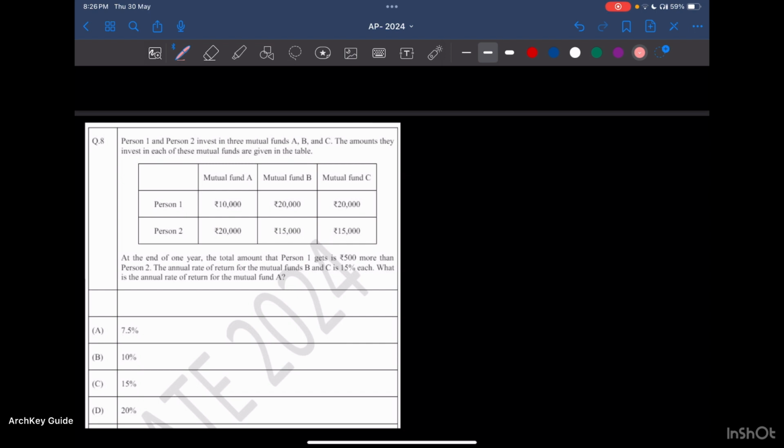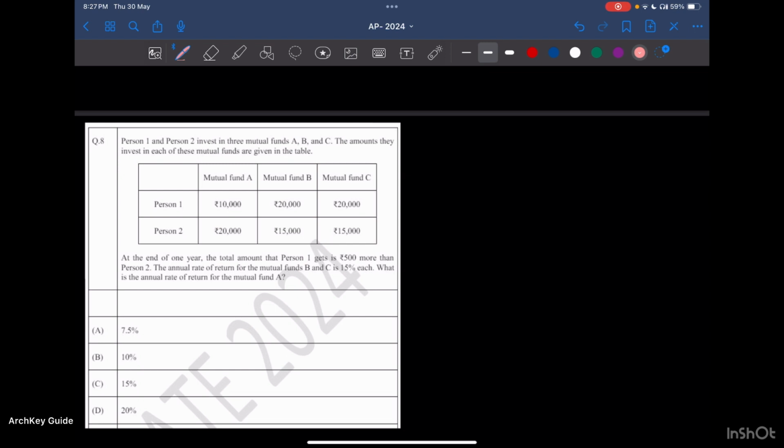So the next question says, Person 1 and Person 2 invest in three mutual funds A, B, C. The amounts they invest in each of these are given below. At the end of 1 year, the total amount that Person 1 gets is 500 more than Person 2.